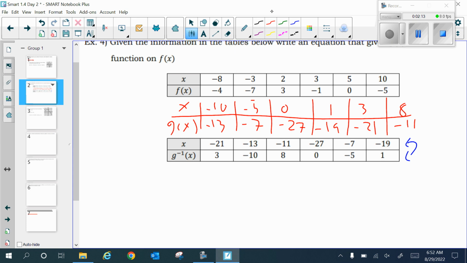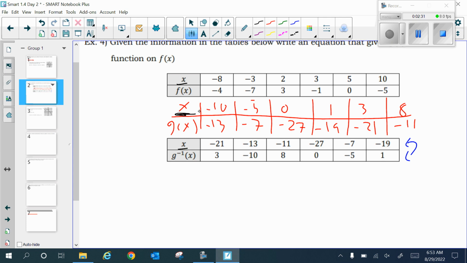So first, remember, I'm going to deal with the x's first. So I want to see, is there an h value that goes from negative 8 to negative 10, negative 3 to negative 5, 2 to 0, et cetera, et cetera? Is there an h value to take me from the x value of my f of x function to my x value of my g of x function, right?